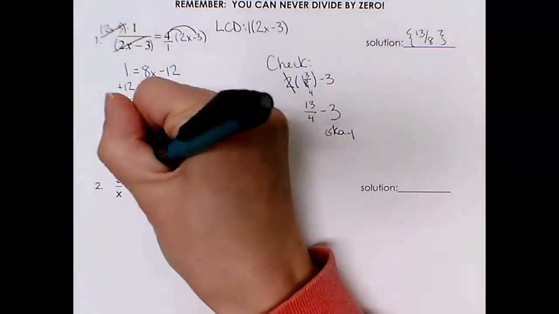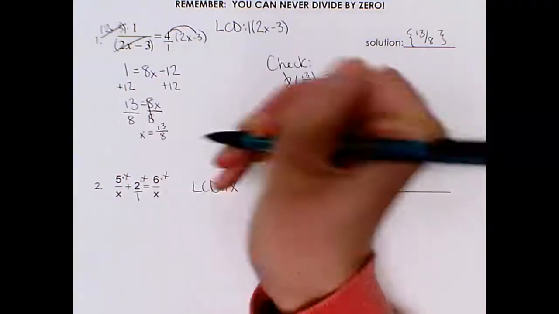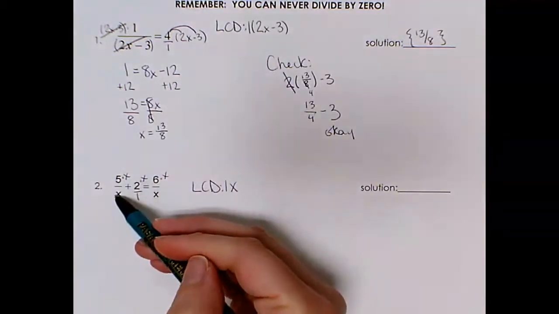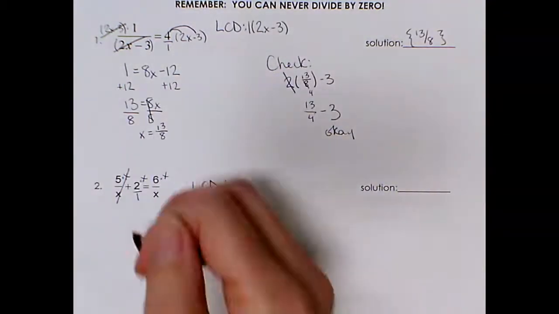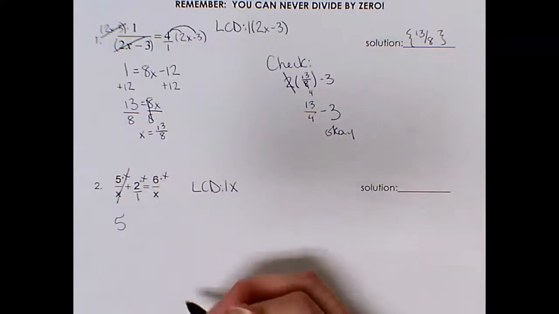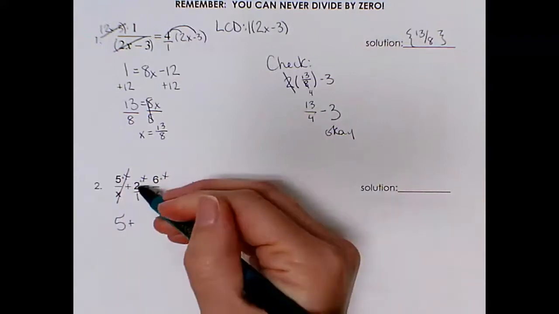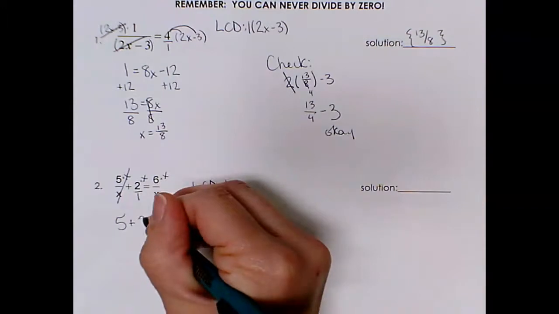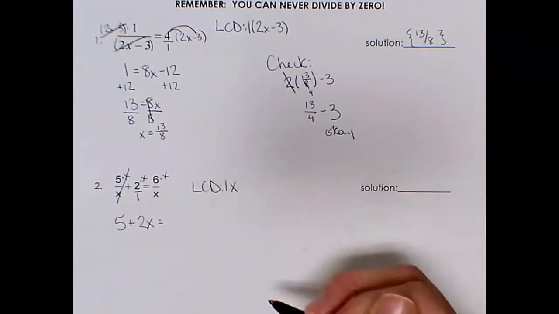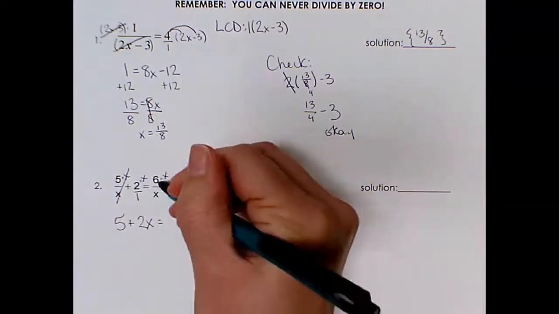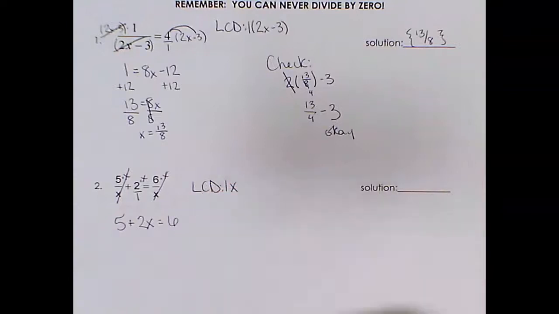So when I multiply by x, 5x over x, the x's will cancel out, and I'll have 5, plus 2 times x over 1 is 2x, and 6x over x, the x's will cancel out, and I will have 6.